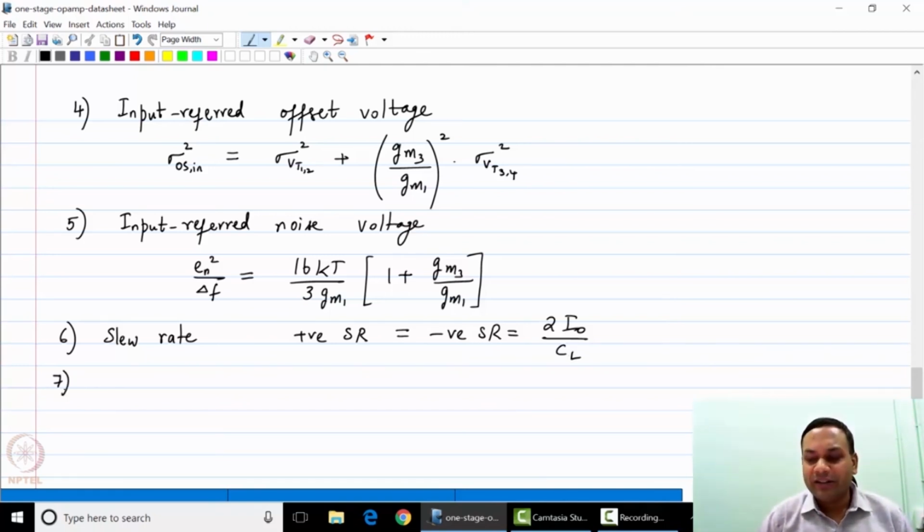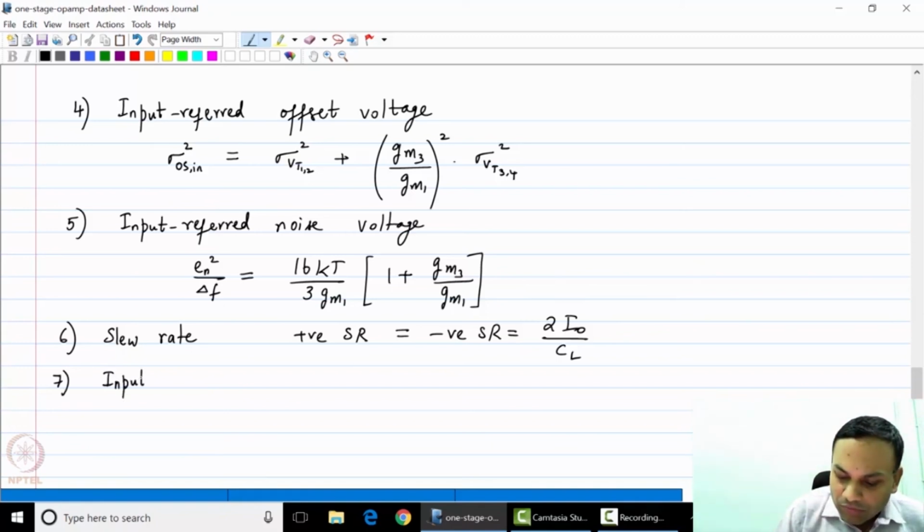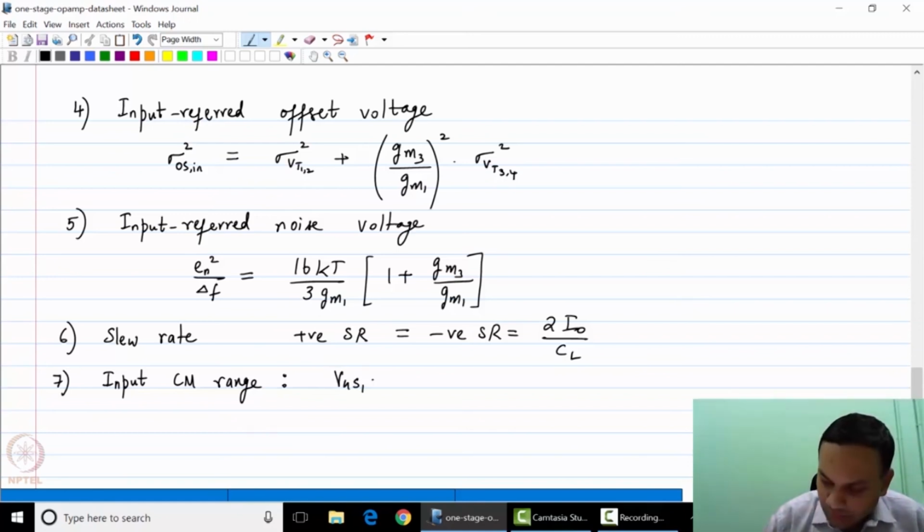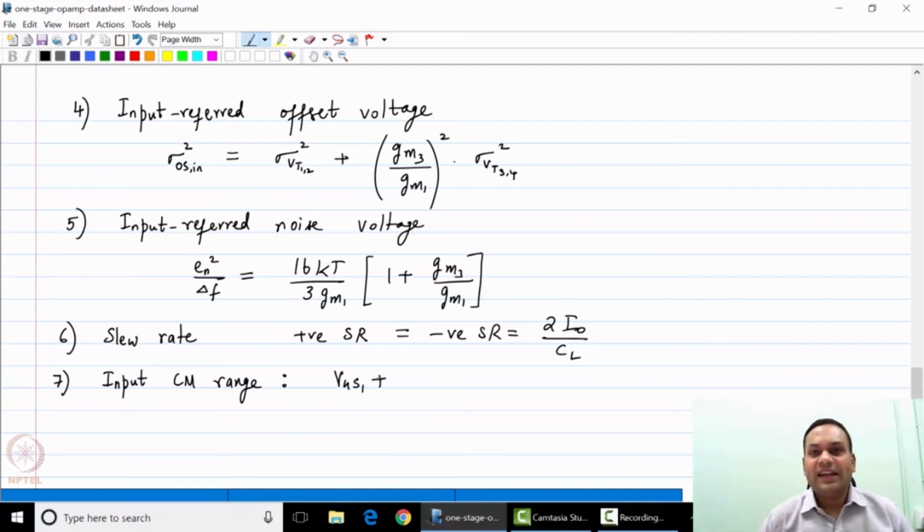Another important metric of the one stage op-amp, of any op-amp, is the input common mode range. And as we have studied, for this op-amp, we can write down the input common mode range as follows. So VGS1 is the gate source voltage of the input transistors.